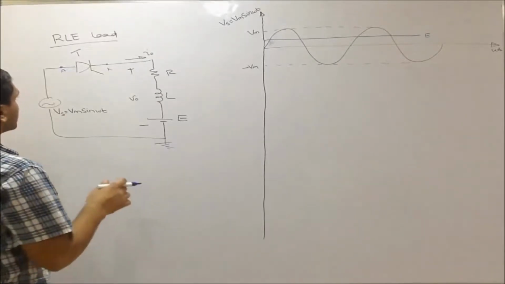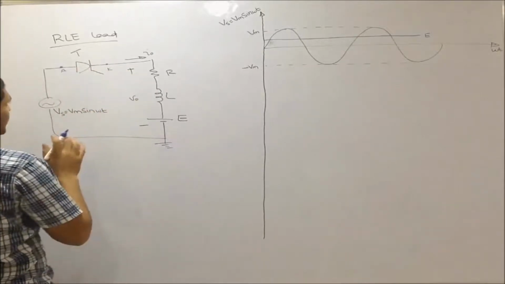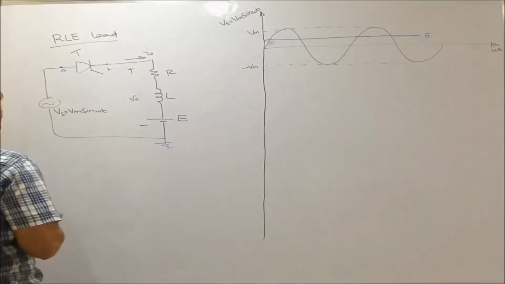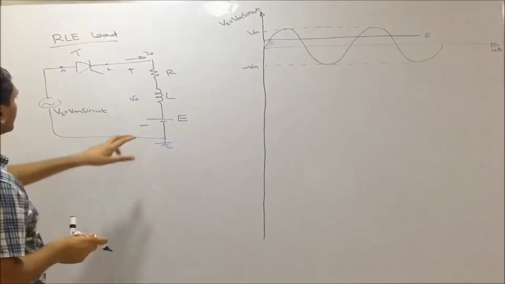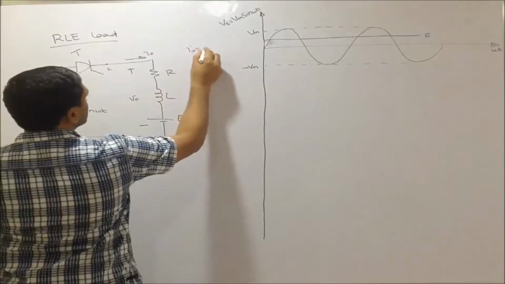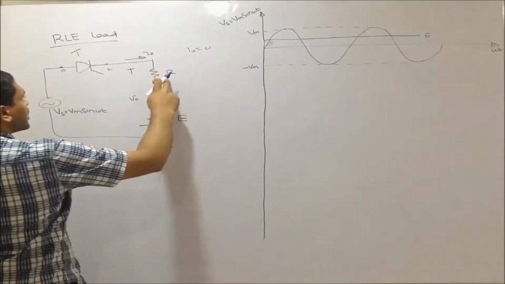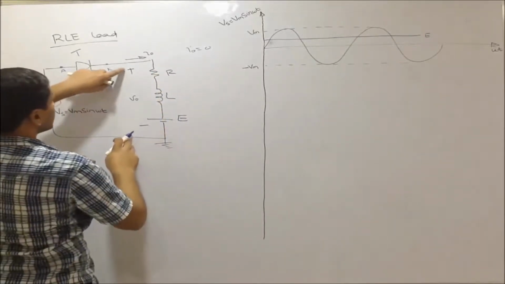Here the initial conditions are I naught is 0. This circuit we have not fired. Just we have connected and then we are observing the conditions. Since I naught is 0, the voltage across R and the voltage across inductor both are 0. So E appears across V naught.